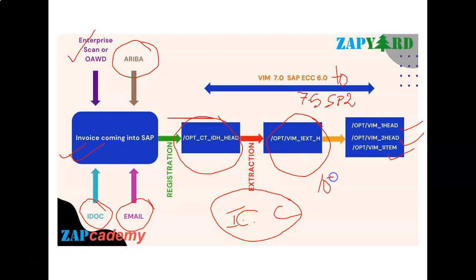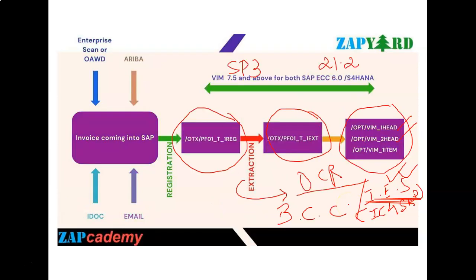So your transaction for accessing your VIM inbound document handling framework is /OTX/VIM_7AX8. But if you go on to this one, to observe all your OpenText Business Center related data, what is the T code that you can use?